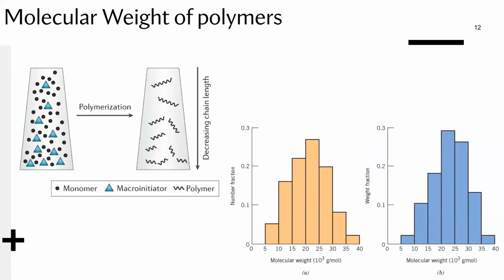Now, this is an important thing to note, and that is you can draw this distribution based on number fraction, which is how many you have in every interval, or based on weight fraction.